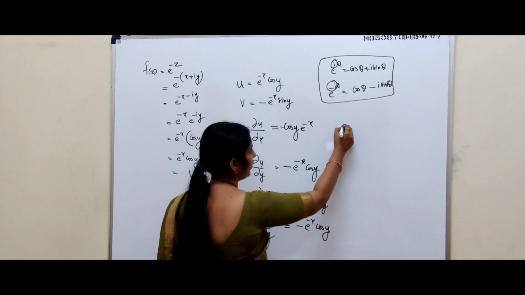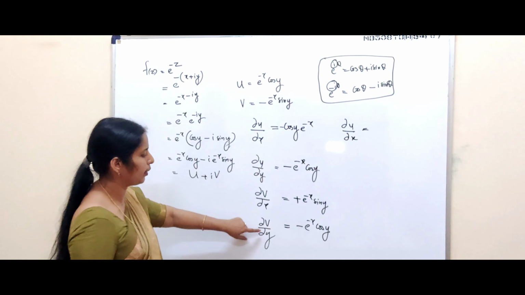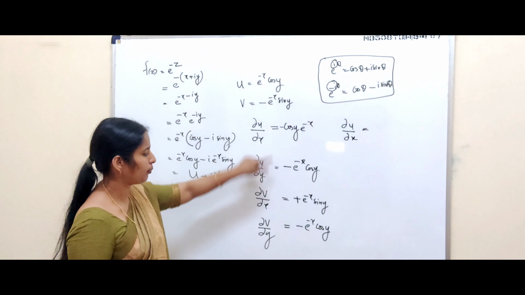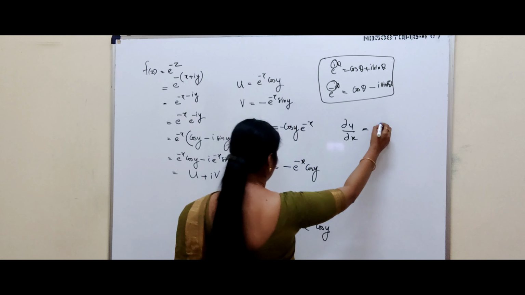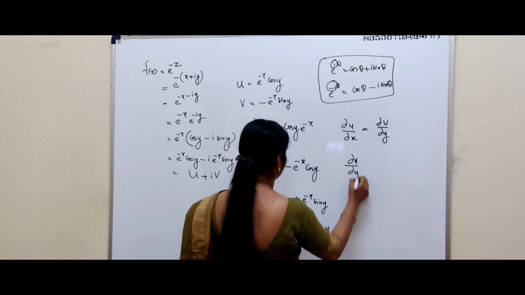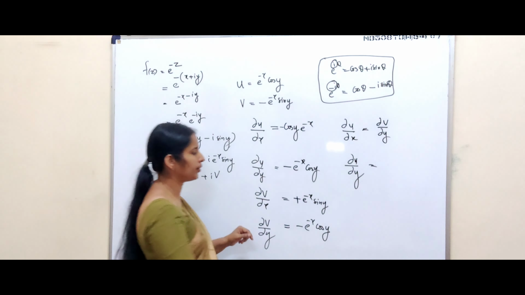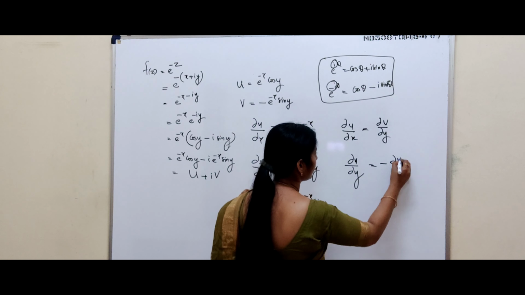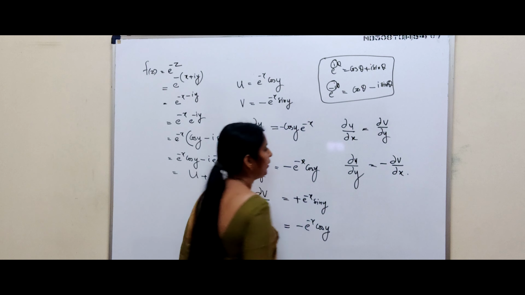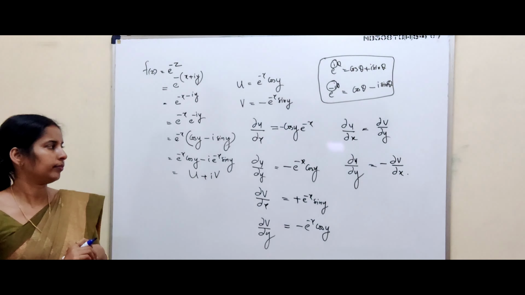Next you check whether ∂u/∂x is ∂v/∂y. Yes, both are equal. Next, ∂u/∂y is equal to minus ∂v/∂x. It's also correct. That is, u and v satisfy Cauchy-Riemann equations.